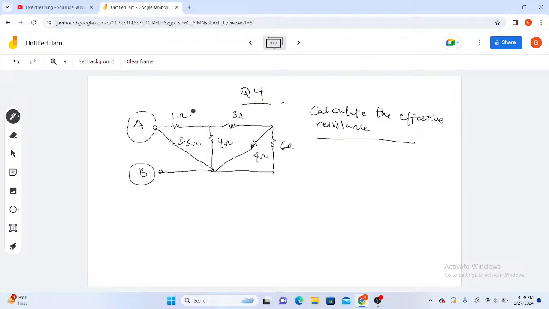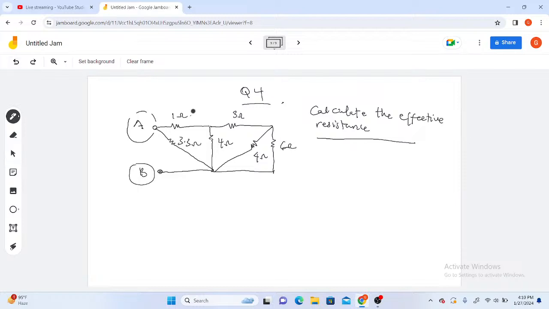And the rule, as I said, is that you work away from the source and we take two resistors at a time. So in this section, you realize that this resistor here is 6 ohm, then this resistor here 4 ohm.